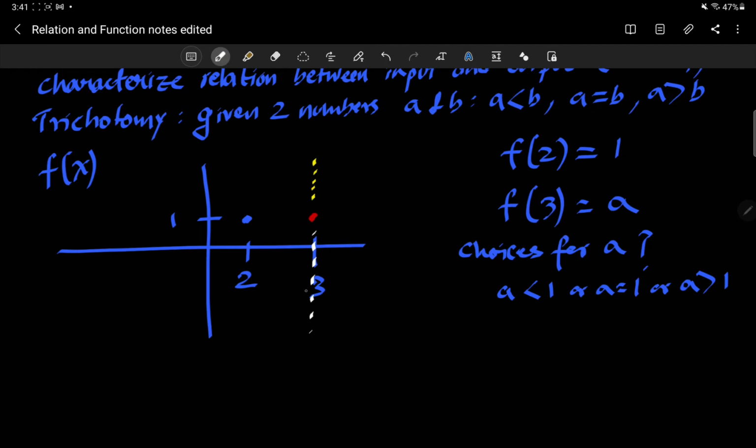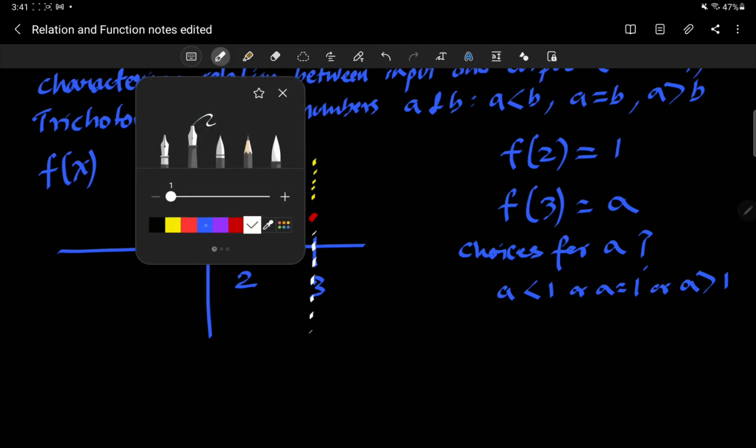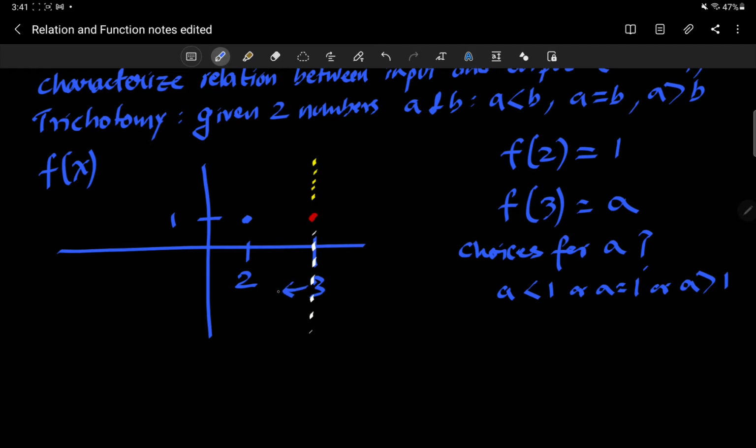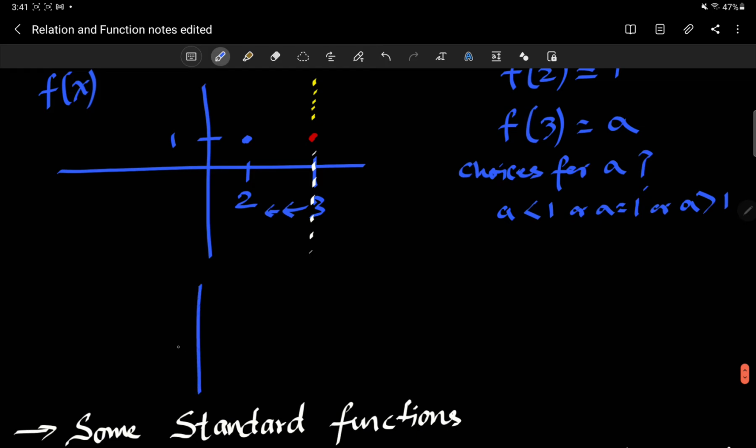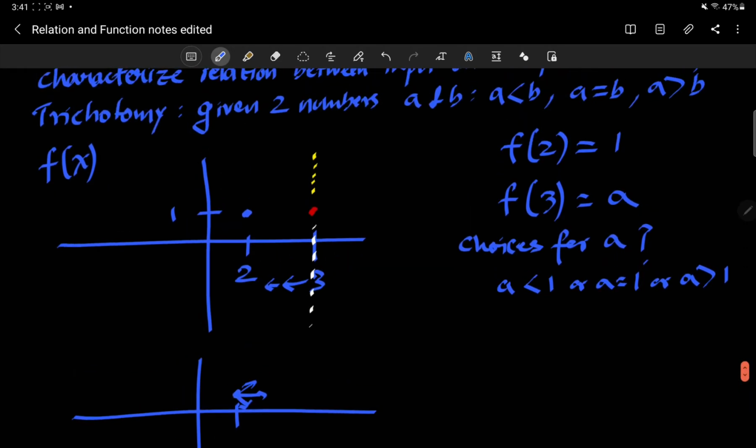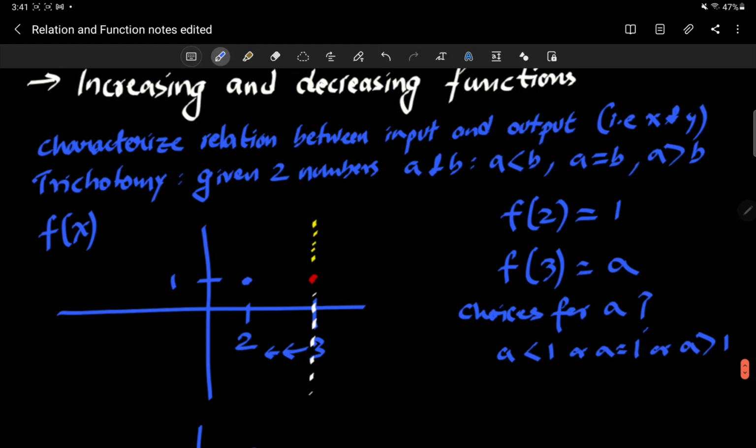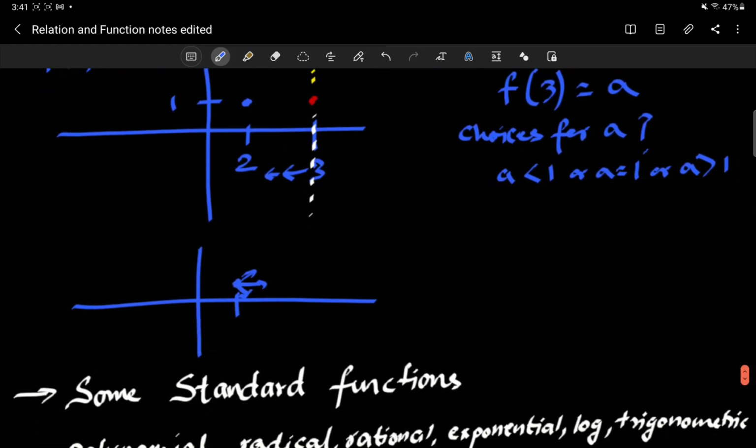Now let's say I bring this point 3 closer and closer to 2. Then what's going to happen is that I can either have a case where this goes up, or it goes horizontal, or it goes down, which gives the obvious definition of increasing and decreasing function.